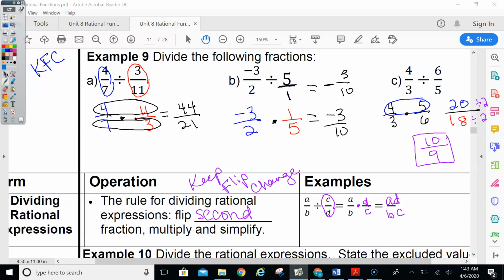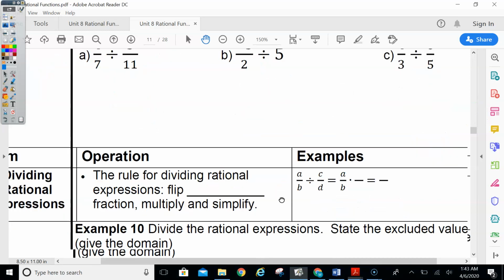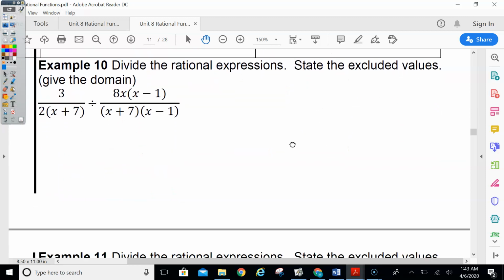Okay, so now how does it work with our rationals? So this one's already factored for us. For the other ones, just like before, we're going to use the x. But here, we're going to keep the first one the same. 3 over 2 times x plus 7.